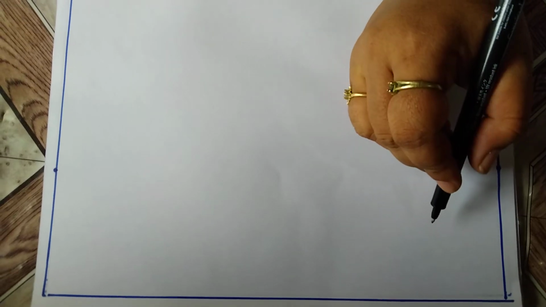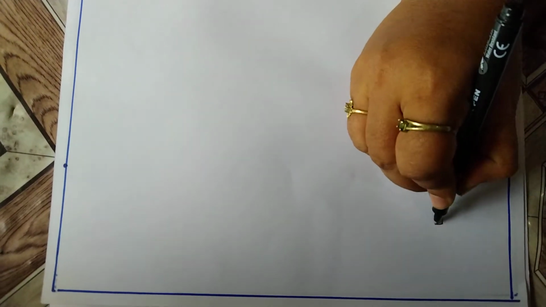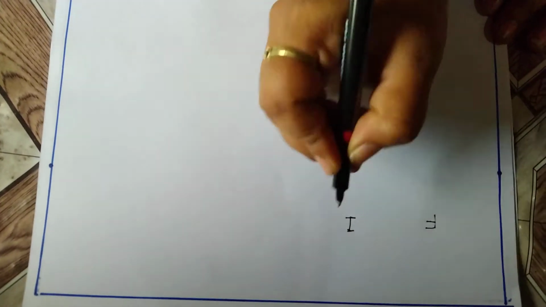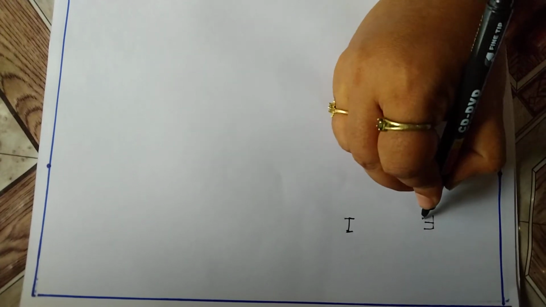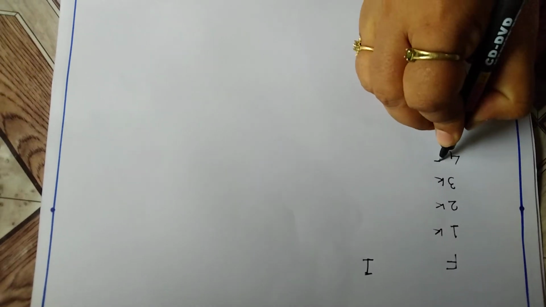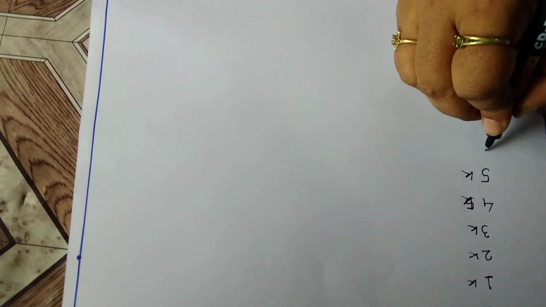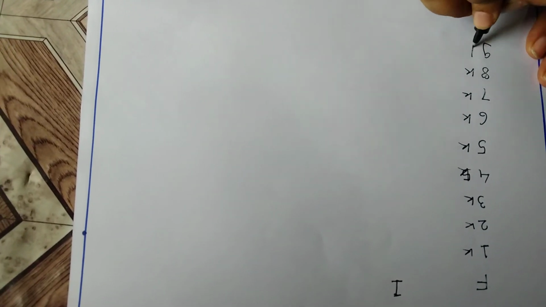We understand by using an example. Suppose we take an example of frequency F against current I. F we take as 1K, 2K, 3K, 4K, 5K, 6K, 7K, 8K, and 9K.